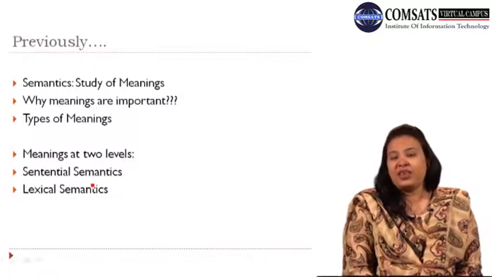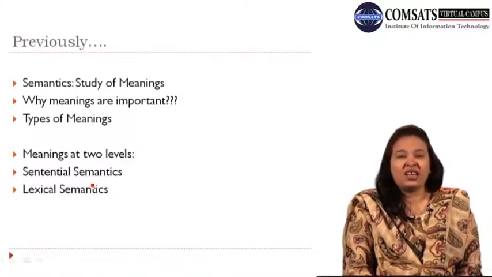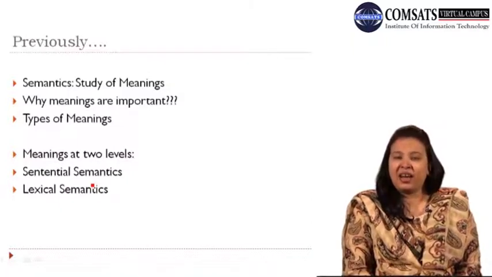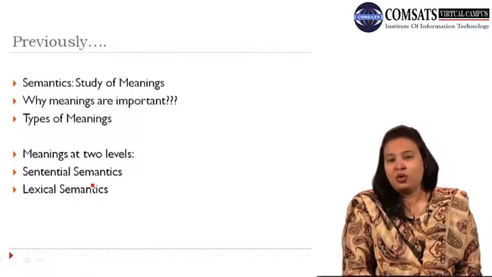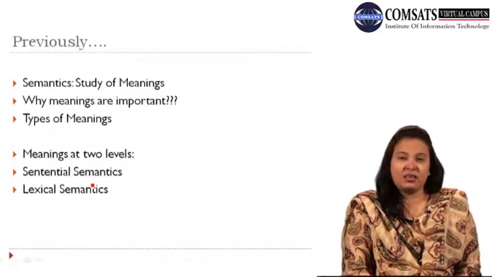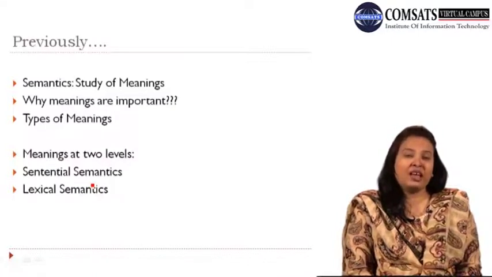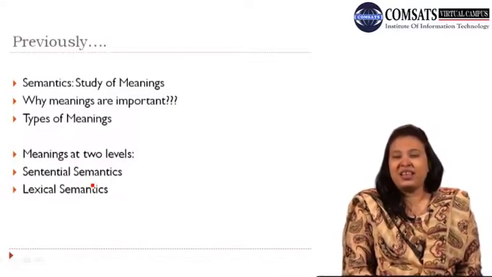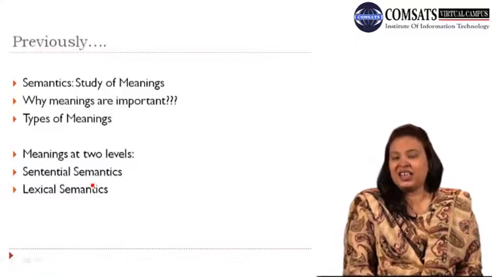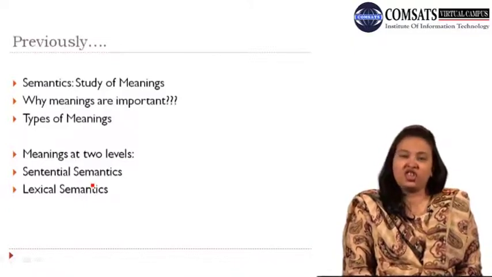For example, if you know what a sentence is, you know how to construct a good grammatical structure of a sentence in any language, but you do not know the meanings of the words you are going to use inside that sentence, or the meaning you want to convey with the help of a properly structured sentence. It means both types of information are important, they are essential to each other to get meanings.